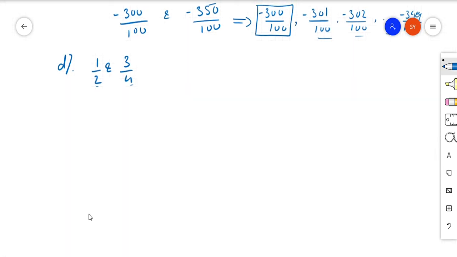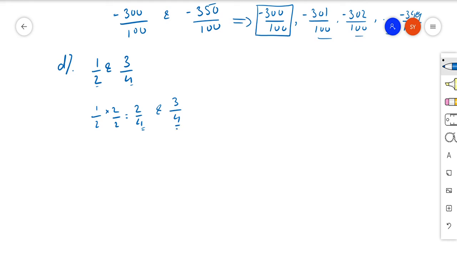We know if you multiply 2 by 2, it will give us 4. So half can be written as half multiplied by 2 and divided by 2. In this case it will become 2 by 4. If I divide it, it will again come to half. And 3 by 4 stays as 3 by 4. Now the denominators are the same.